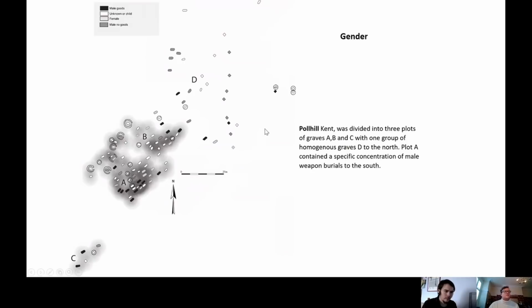We can see some patterns as well. So this is Polhill in Kent, and you can see down at the bottom here we've got individuals with more male gendered grave goods, masculine objects, down in the south of the site. In fact, if you look at the skeletal archaeology, individuals are equally distributed throughout. So the fact that we've got a specific cluster down here suggests that those individuals who are choosing to bury their dead in area A were deliberately separating that gender identity within that space.